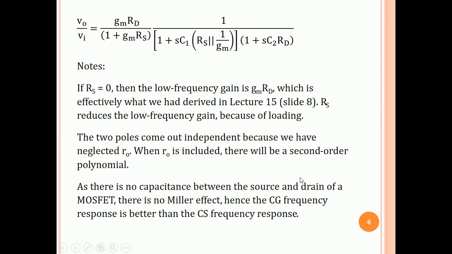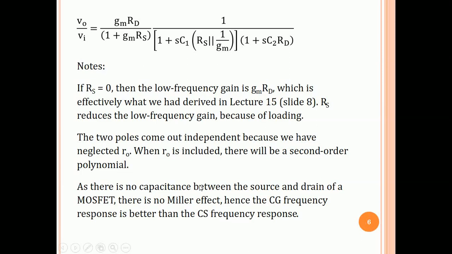Because there is no Miller effect, the overall capacitances in a common gate stage are smaller compared to the common source stage, and because of this, the frequency response of a common gate stage is typically better than that of a common source stage.